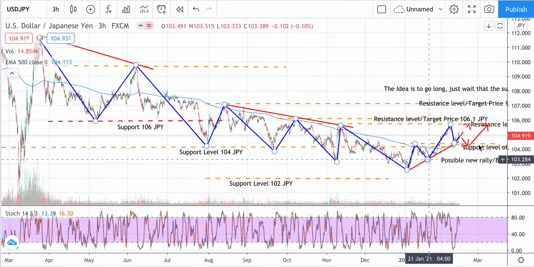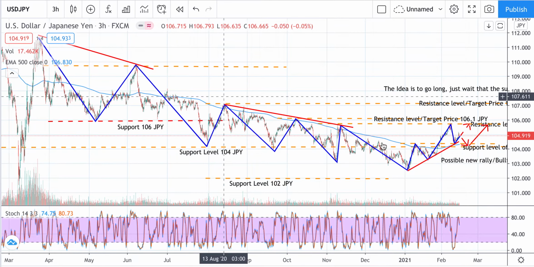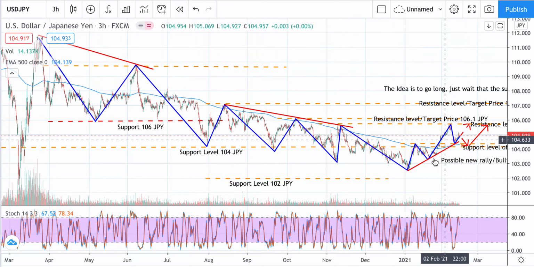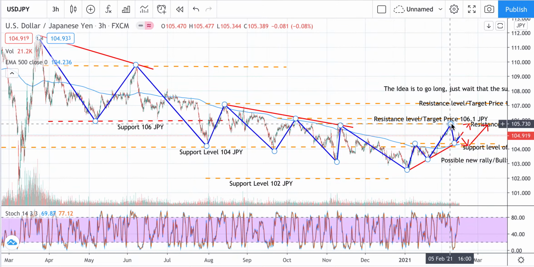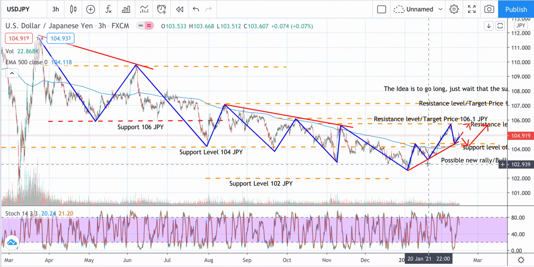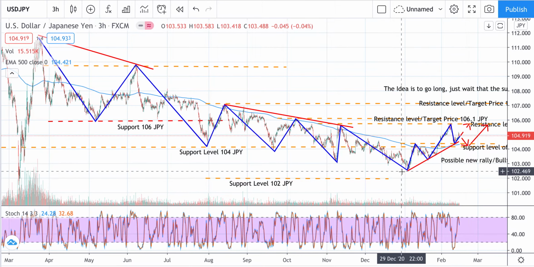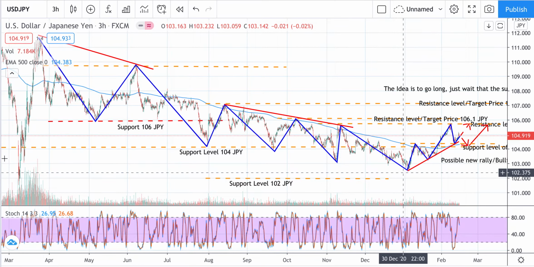So the breakout of this exponential moving average, these higher peaks and higher bottoms, mean that a new uptrend rally has just started. Because we've got these signals, the idea will be to go long and follow this possible new trend.